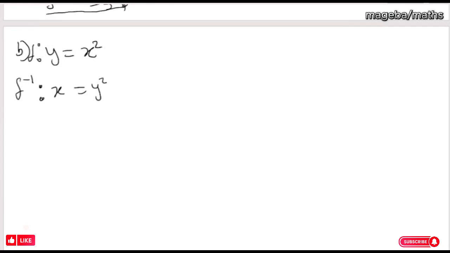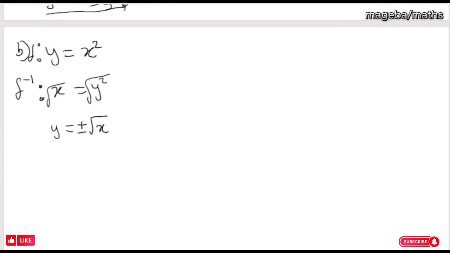How do we make y the subject? We need to square root both sides. Now by doing that, it is something very important that you must do. This y now is going to be plus or minus the square root of x, and then from there this is my x.